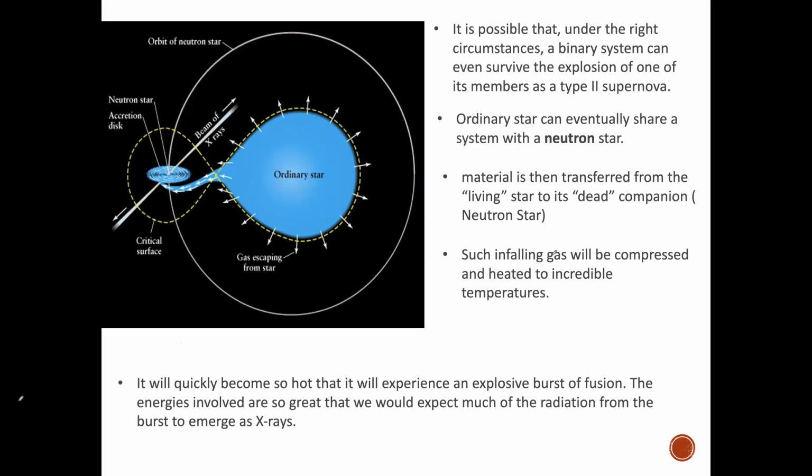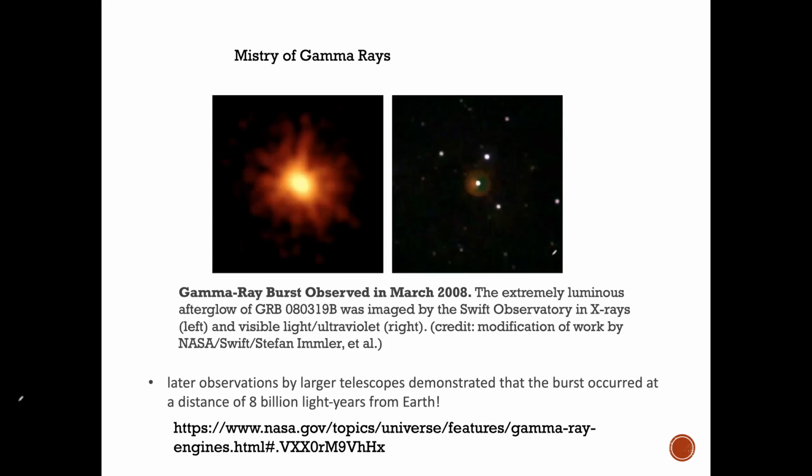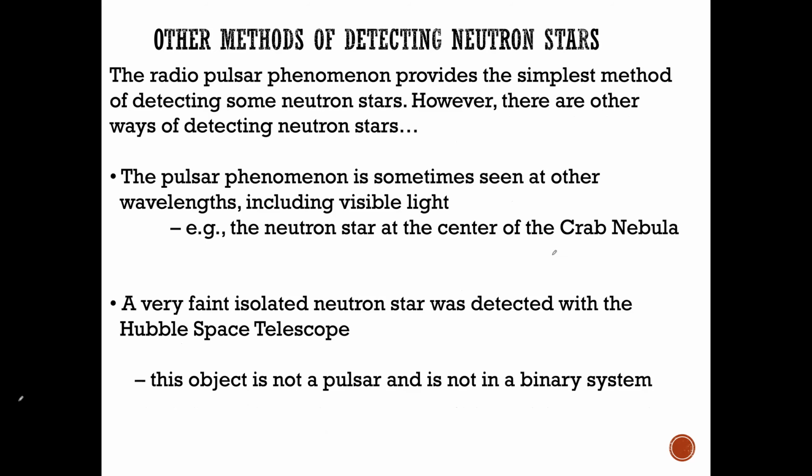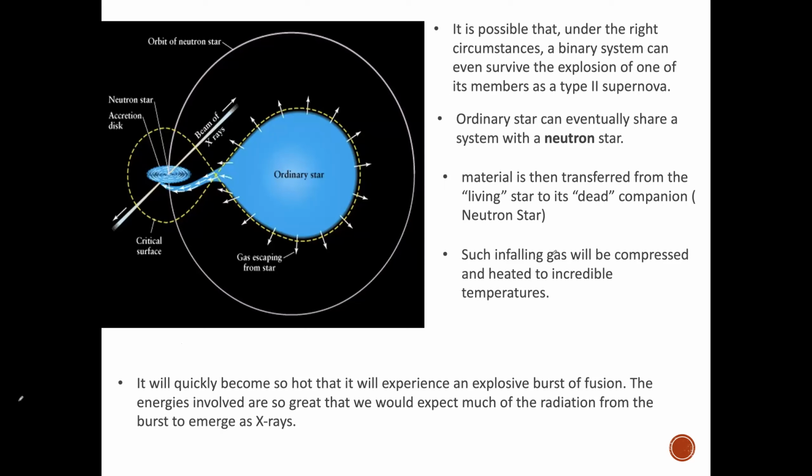Let me finish these few slides so that we can start from the black holes on the next day. Another way of detecting a neutron star is, let's say you have a neutron star right here, and you have an ordinary star very nearby.